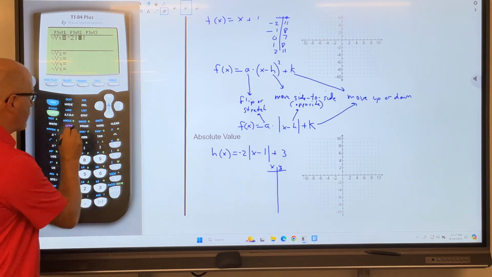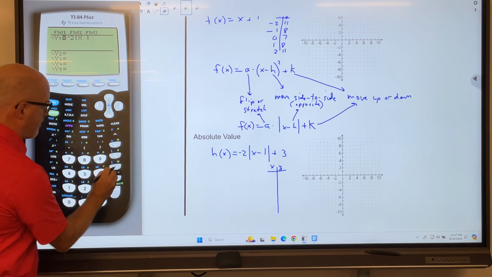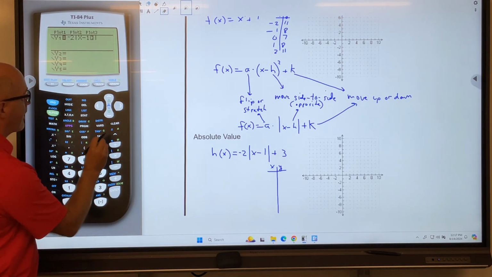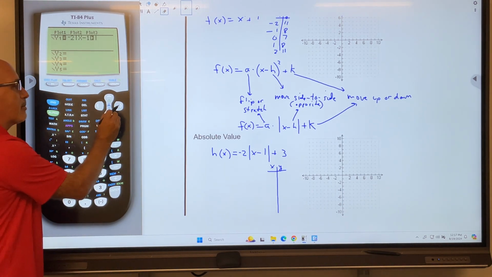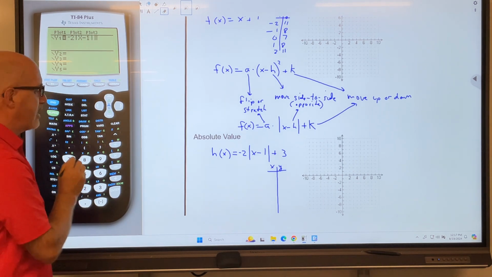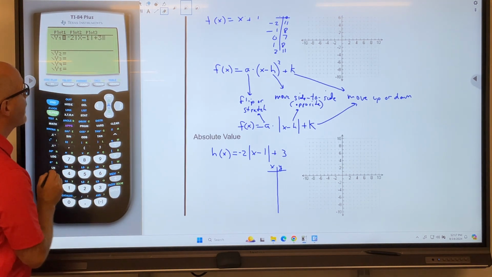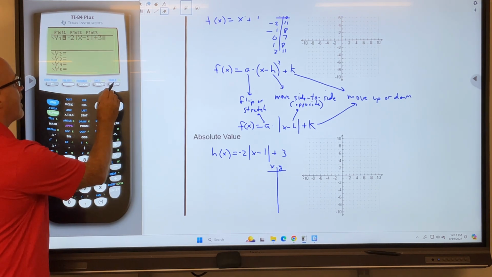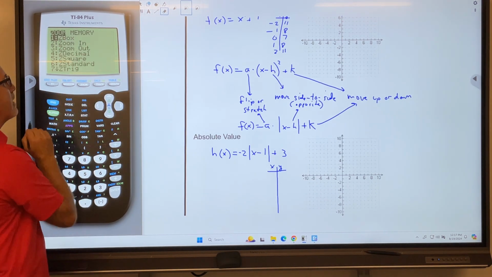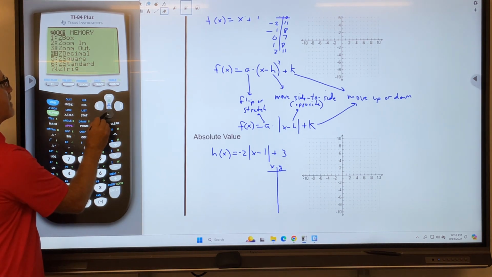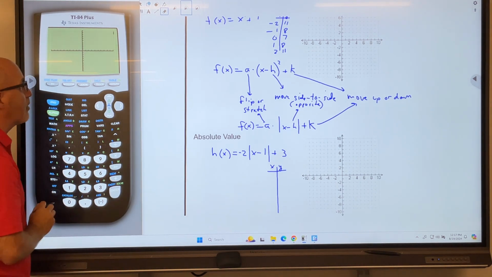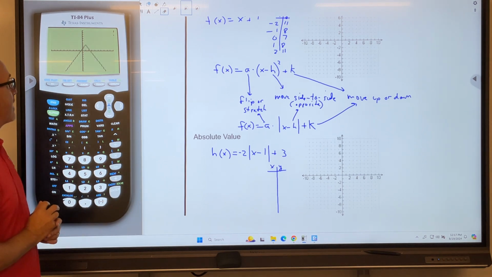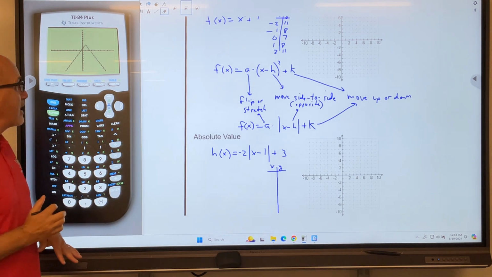Let's do x minus 1, and then I want to get outside the absolute value, so I'll arrow over and put a plus 3. Now let's look at the graph. I'm going to do a zoom and go down to standard to get my standard graph because I changed the window before. I've got -10 to 10 here. Notice it flipped it upside down.